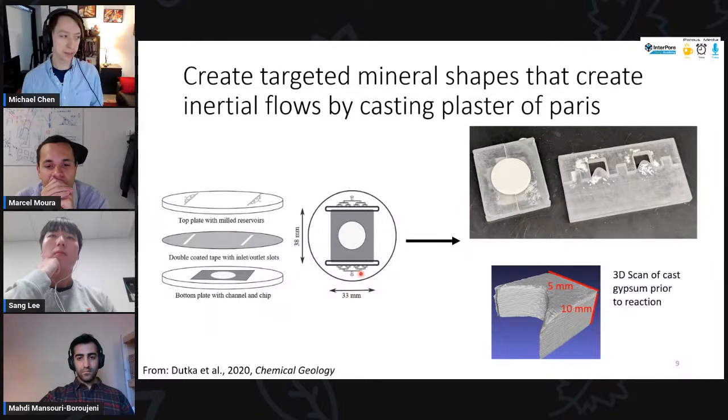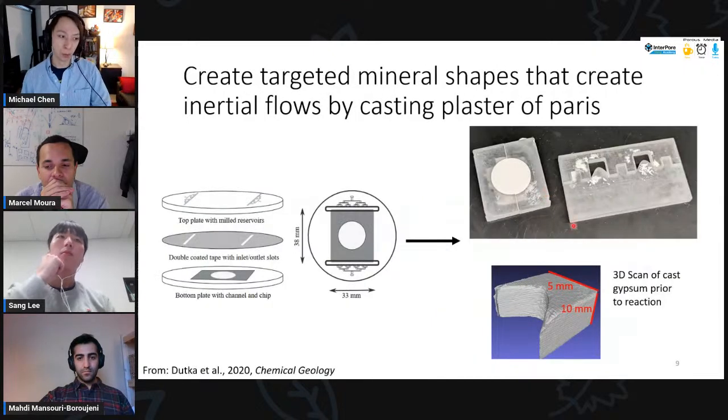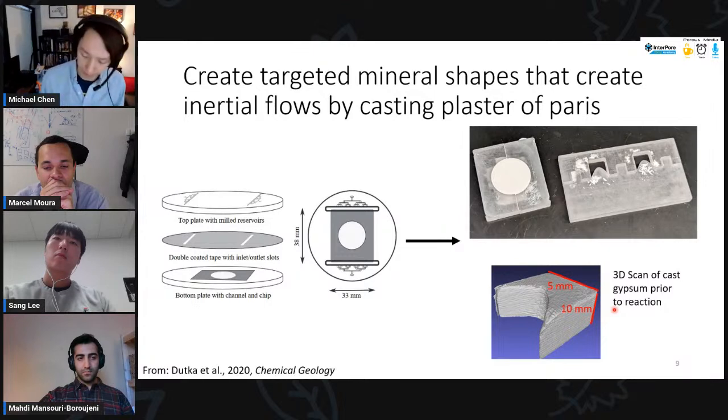And so we've adapted that methodology to create that sinusoidal shape that my colleague used in his numerical work. You can see that after this casting process, we use plaster of Paris and we let it set, we can get effectively the sinusoidal shape in whatever dimensions that we want.